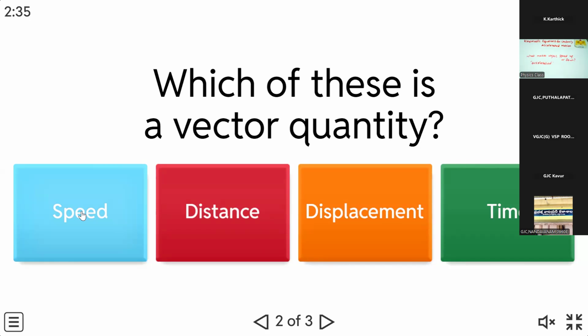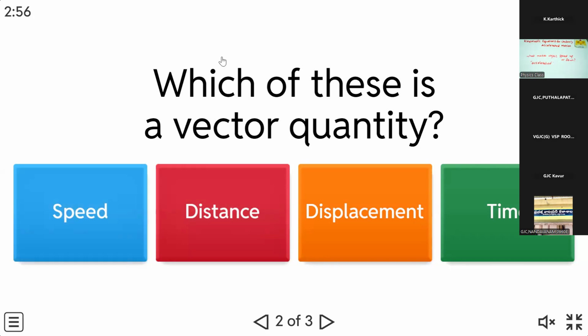Distance, do you think distance has a direction? Or displacement or time? Time, there is no possibility in terms of direction.